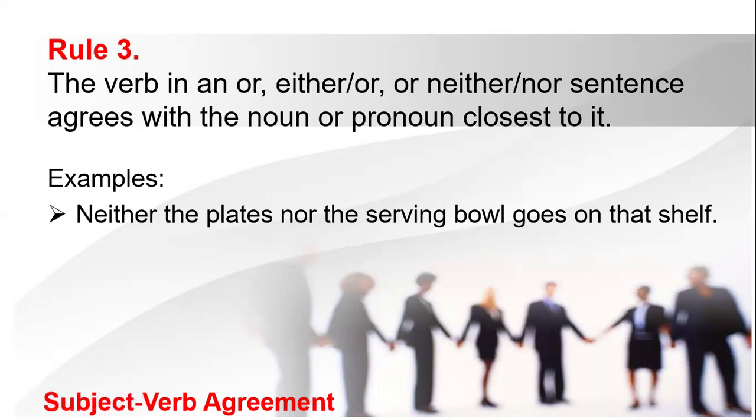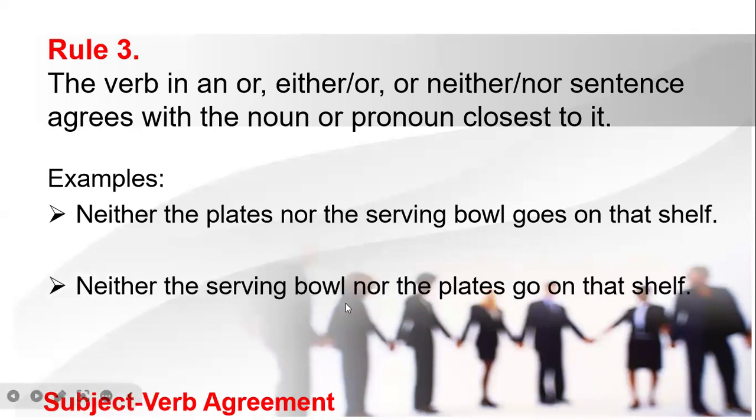Let's see another example, and the same example we are going to use in an opposite way. Neither the serving bowl nor the plates go on that shelf. Now see, plates are close to the verb, and plates are plural. That's why we have used go. We have not used goes.